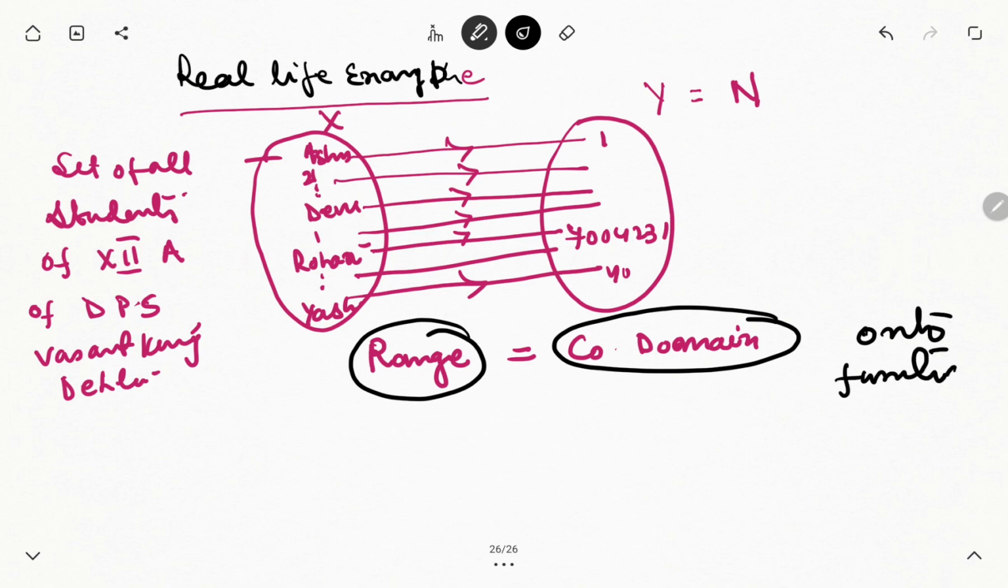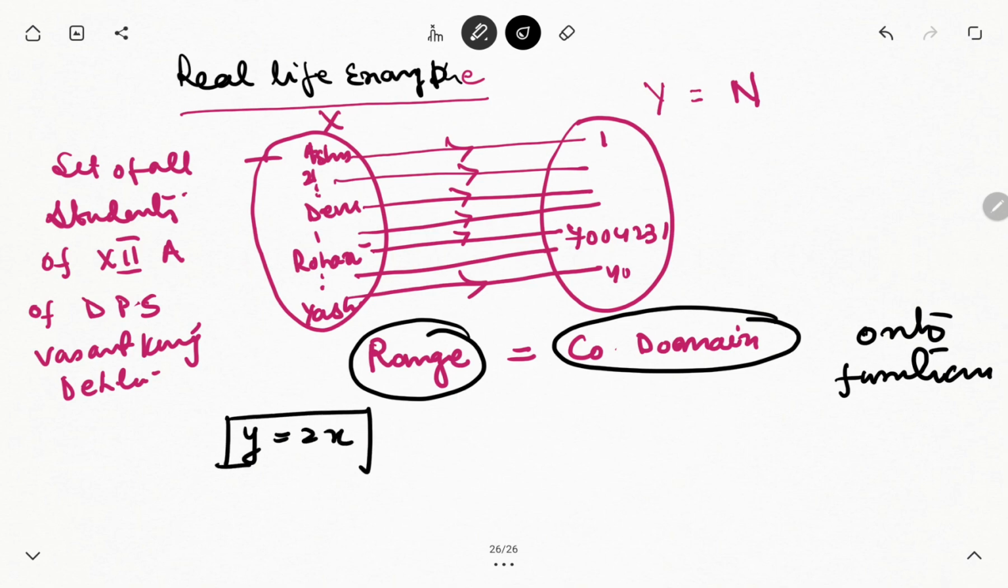Now how to check that the range is equal to the codomain and this is onto or not, or one-one or not? That's very important. Example, this is an NCERT example I am giving you. y equal to 2x.